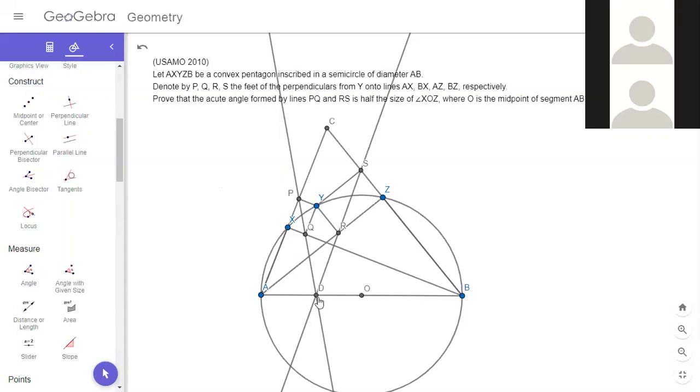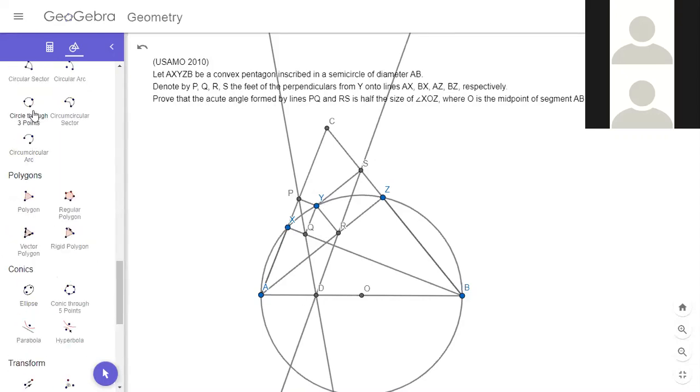It's kind of like just saying that QDBS is cyclic, right? Yeah, because YQBS is cyclic and YPRA is cyclic, and they both pass through the altitude from Y. Those circles concur because they pass through the altitude from Y to AB.